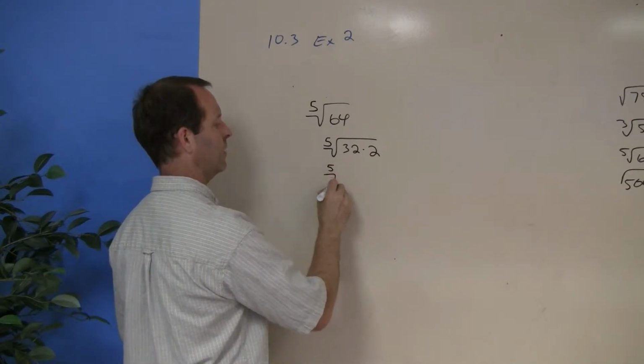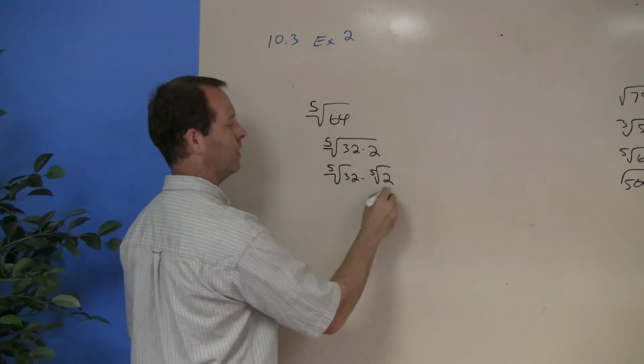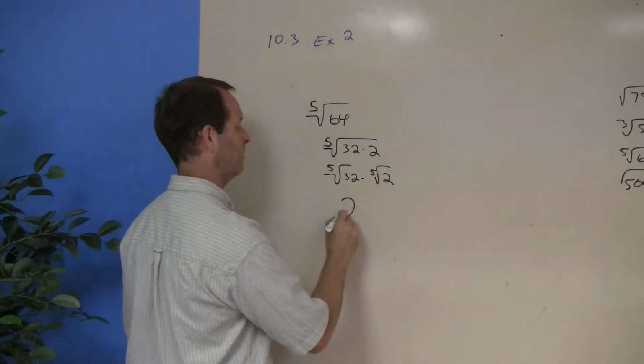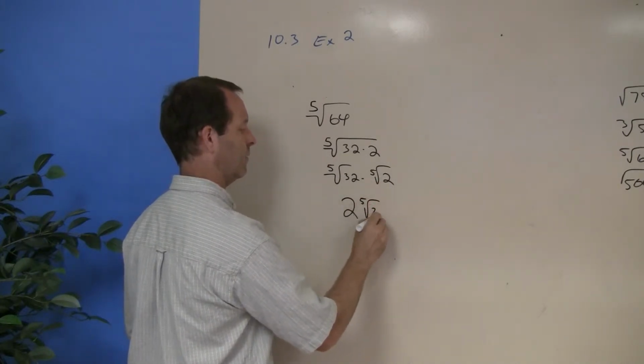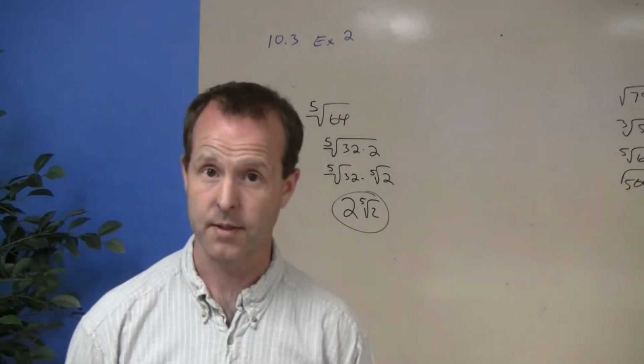The 5th root of 32 times the 5th root of 2. And the 5th root of 32 is 2. And I can't do anything with the 5th root of 2, so that problem is reduced as far as it goes.